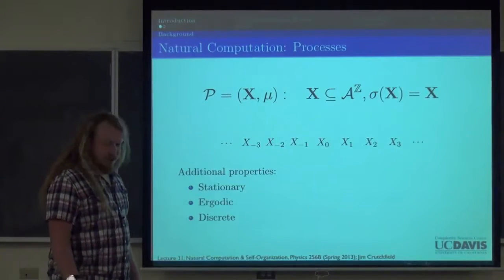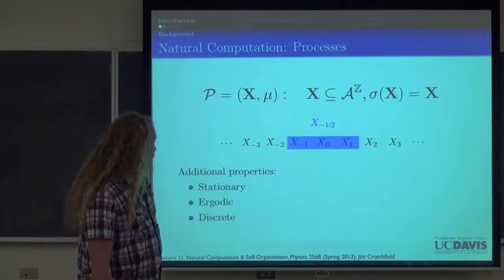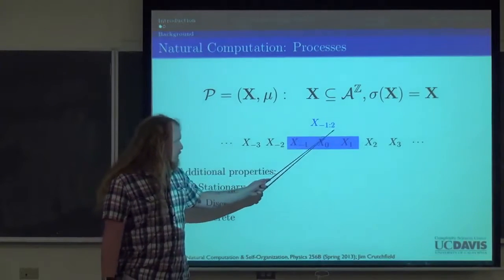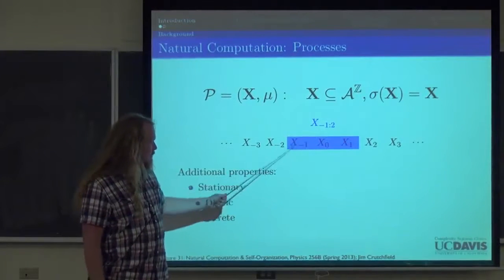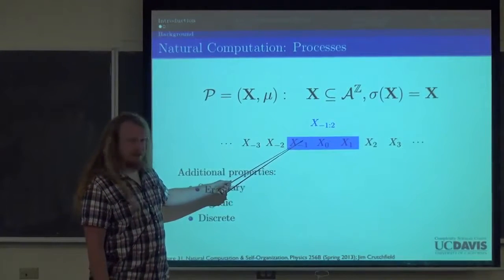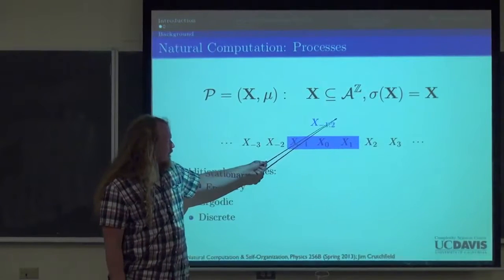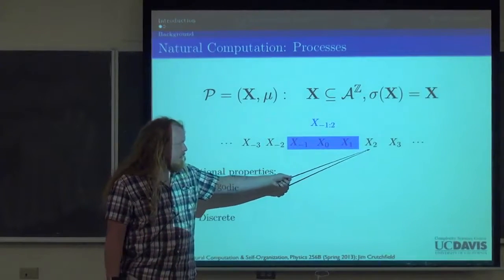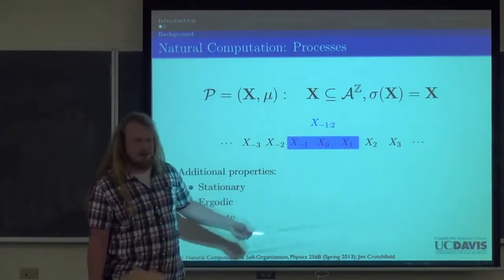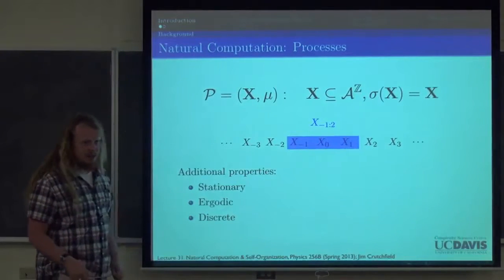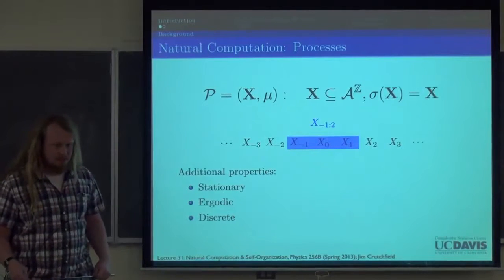Just to solidify notation, we will denote blocks of symbols like this, where on the left side of the colon, we put the starting index of the block, and on the right side, we put the ending index, but minus 1, because this is inclusive on the left and exclusive on the right. So standard interval notations.